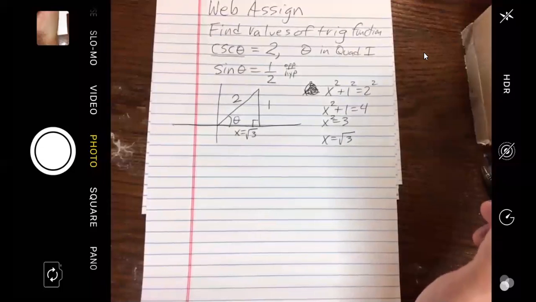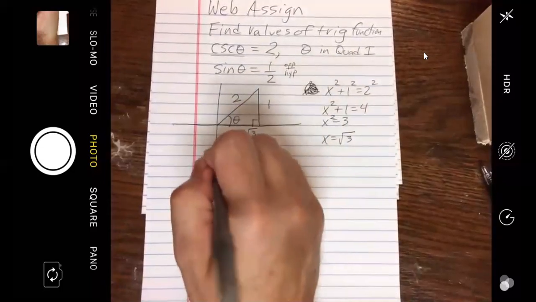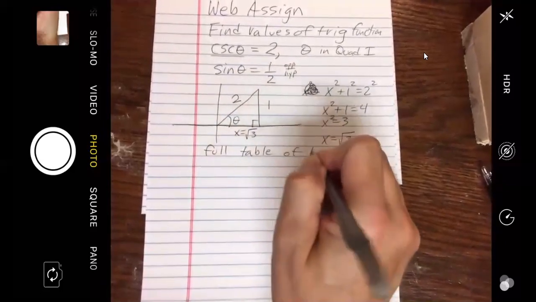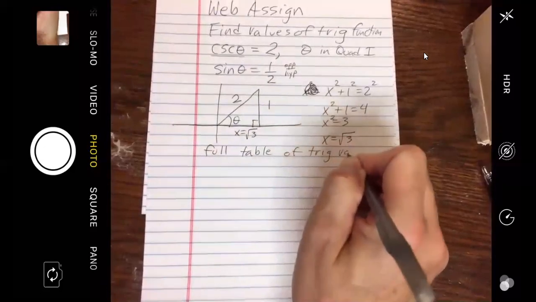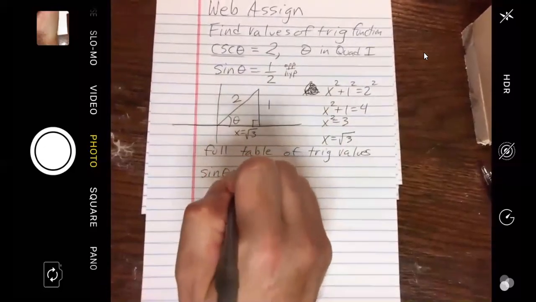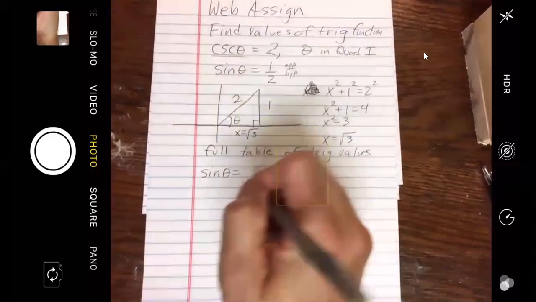Any questions about that? No. Okay, I'll go ahead and write the full table of trig values. Sine theta, it was already given, 1/2.